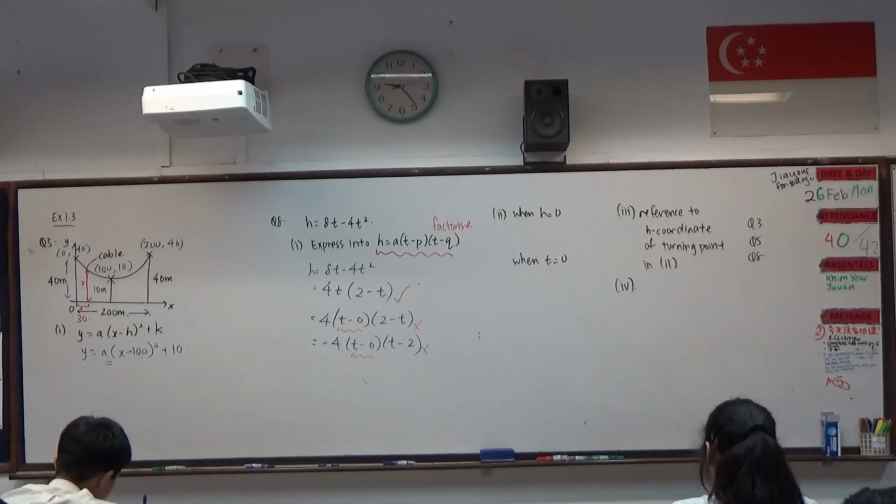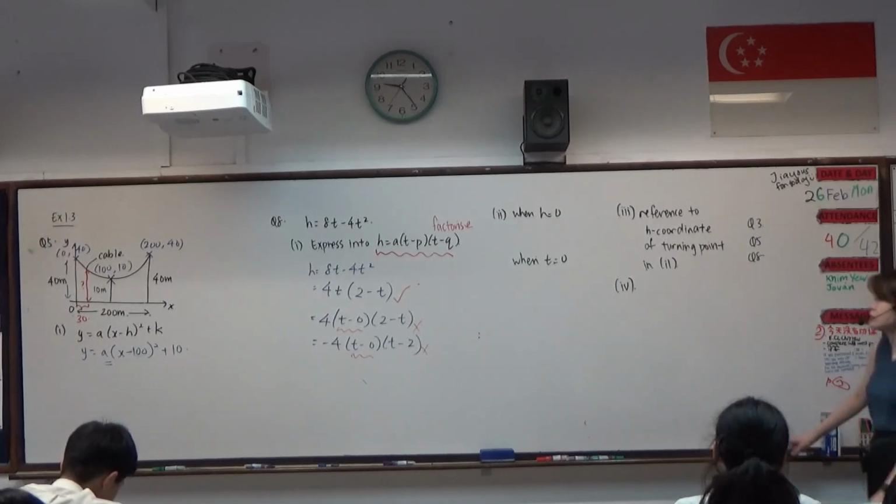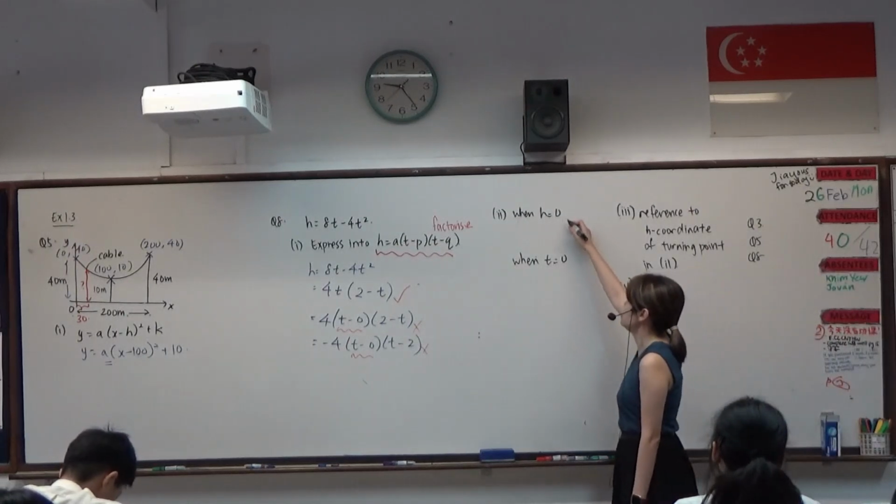Part 4, find the time it takes the ball to return to the ground. So to return to the ground, what does that mean? I cannot be the only one thinking over here. So many people did the homework. What does it mean when the ball returns to the ground? H equals 0. Okay, so you start when h equals 0, which actually you did here already.